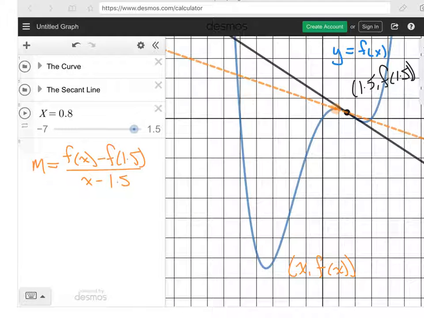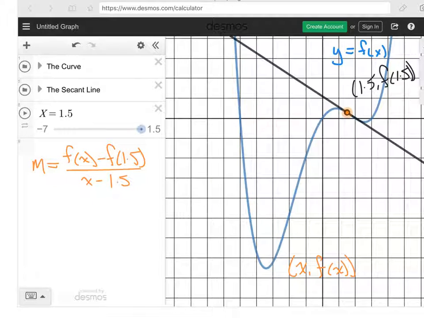Because even as we get very, very close to that 1.5, we can still calculate that slope because I have 2 distinct points. As soon as we move that point all the way over until it's right on top, then we don't have a way to calculate it anymore.